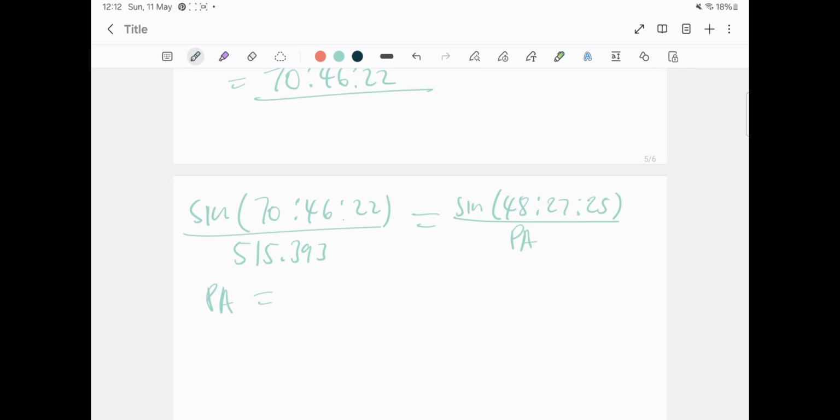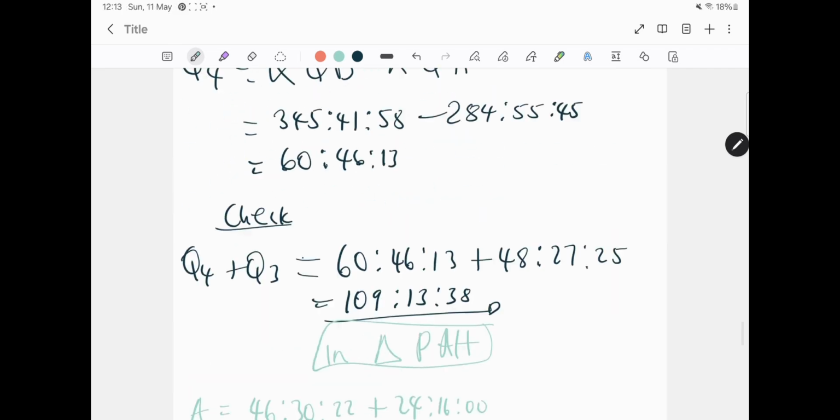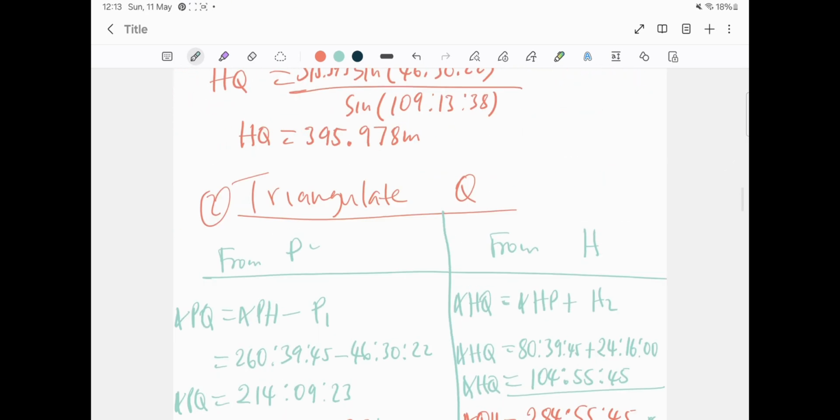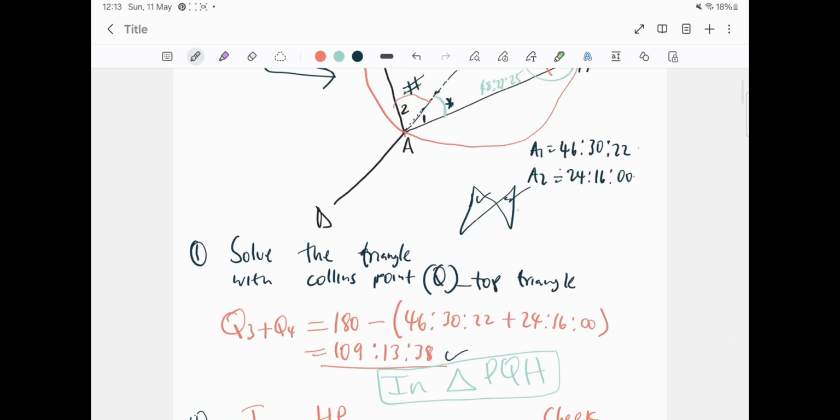So what we're getting here is 408.538 meters. That's your PA. So we have found our PA.